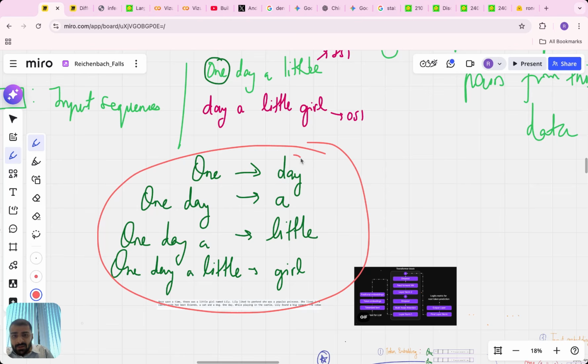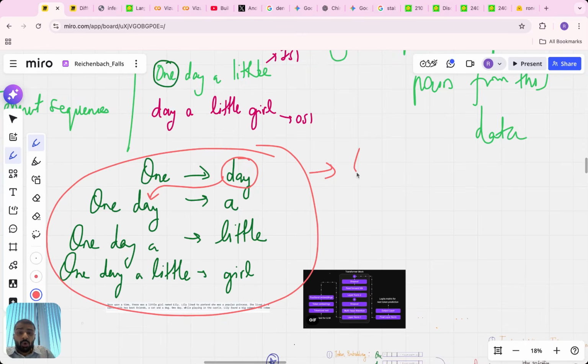And not just that, the earlier predicted tokens are added to the input sequence for the next prediction. That's why this is called an auto-regressive model: one new token is generated at each time, and the previously generated token is appended to the past input to predict the next token.